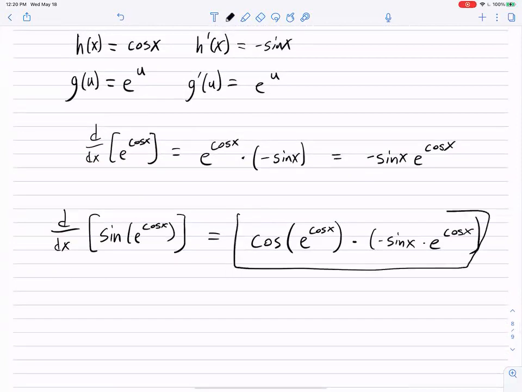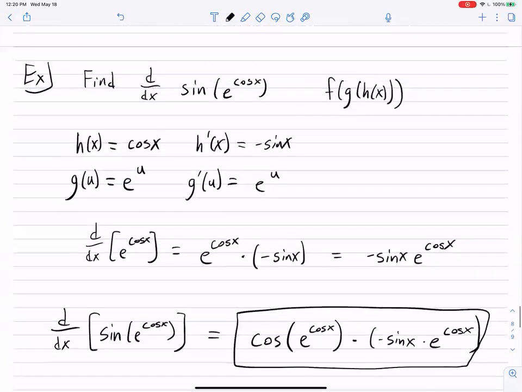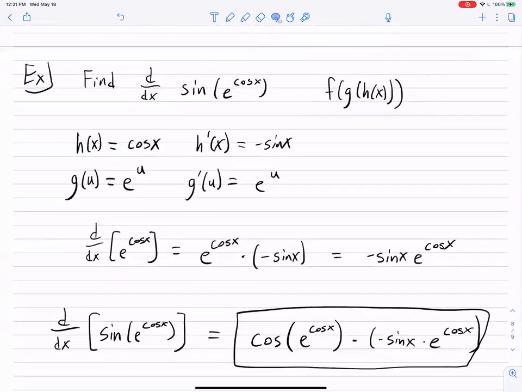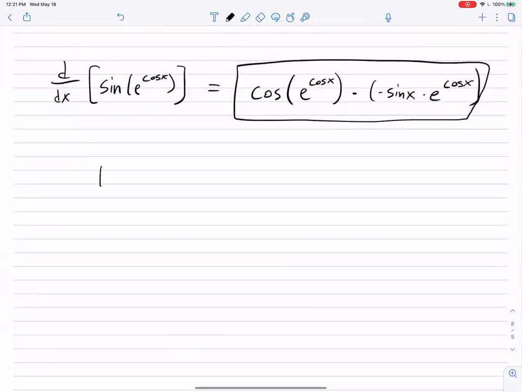So you can take a product of a product, or you can take a chain rule of a chain rule. So in general, what is the rule? How do you take a derivative of a function within a function? D dx of f of g of h of x. So if you have three function compositions, how do you take the derivative?